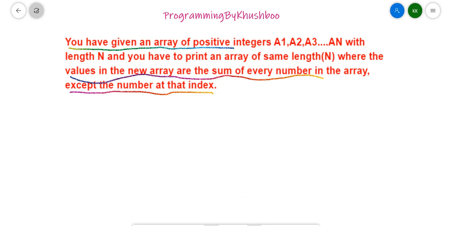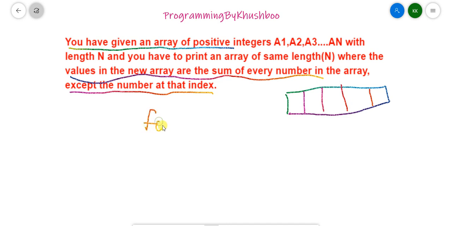The first approach that came into my mind is that we can take two for loops. Let's suppose the first for loop denotes i and the second for loop denotes j. The first for loop will help us iterate over each element one by one.